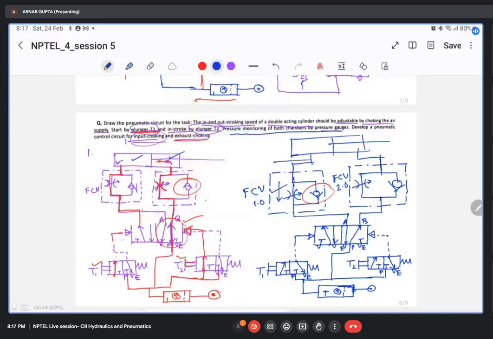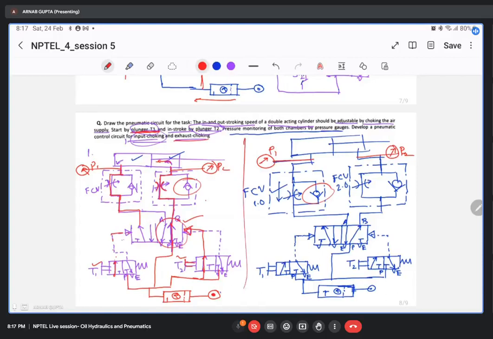So one pressure gauge here, P1, one pressure gauge here, P2. Similarly, here P2 and P1.